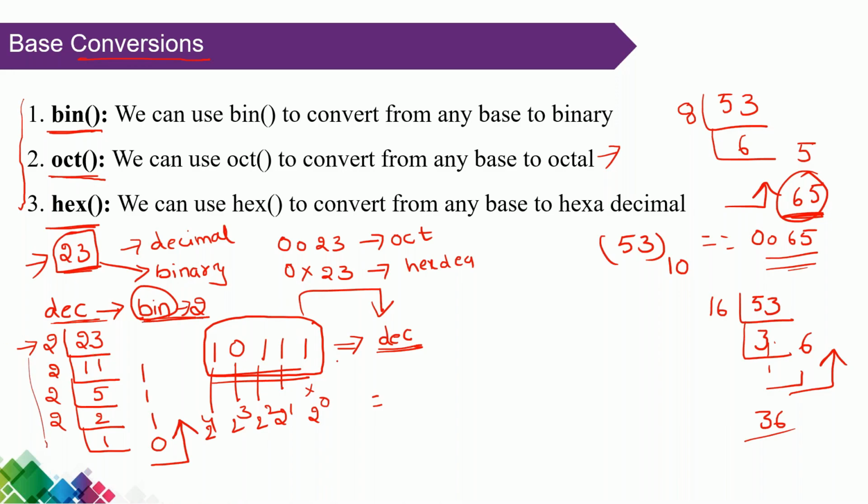If you want to convert binary into decimal, multiply by 2 and then perform addition. 1 into 2 power 0 is 1, plus 1 into 2 power 1 is 2, plus 1 into 2 square is 4, plus 0 into 2 cube is 0, plus 1 into 2 power 4 is 16. Now the total answer is 23. You got the answer? Same 23 to binary, binary to decimal.